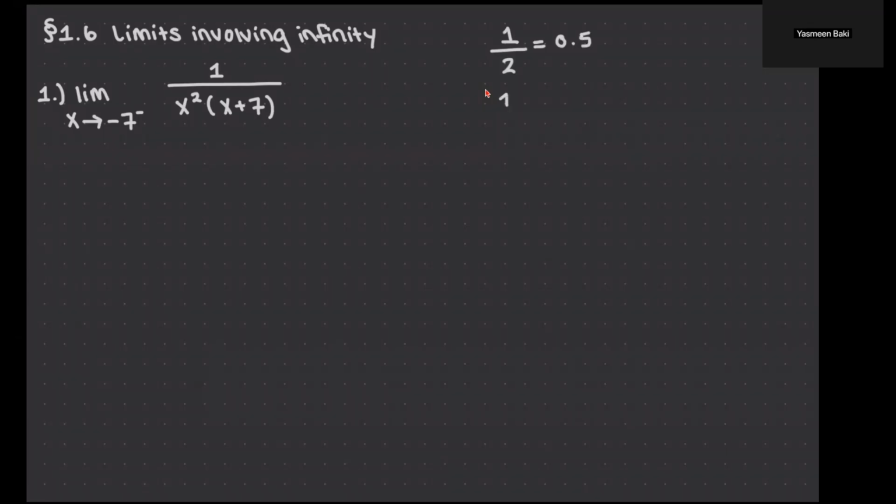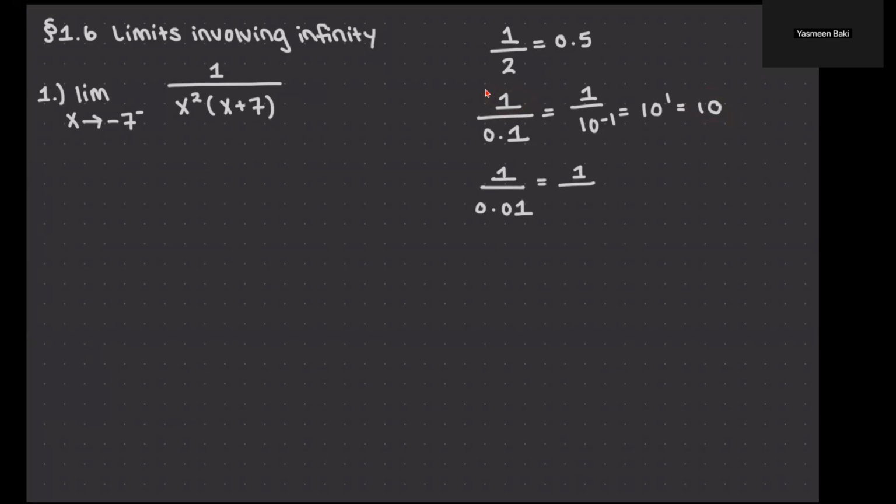But if I take 1 and I divide it by something like 0.1, well, 0.1 is 1 over 10, right? And 1 over 10 is 10 to the negative 1. So this is 1 over 10 to the negative 1, but that's 10 to the 1, and that's 10. So notice I'm now something larger than 1. If I took 1 and I divided it by 0.01, similar concept here, right?